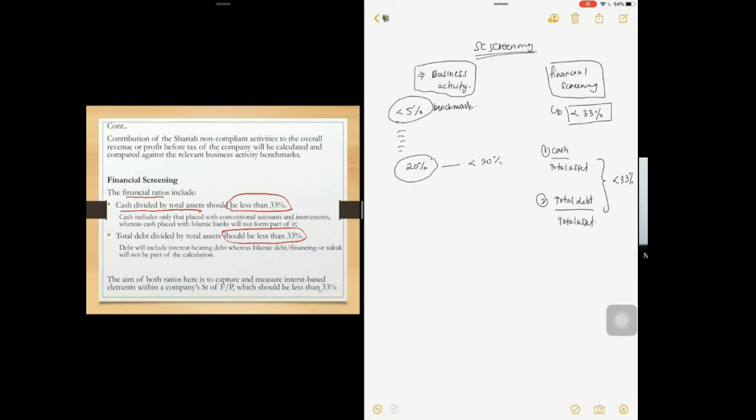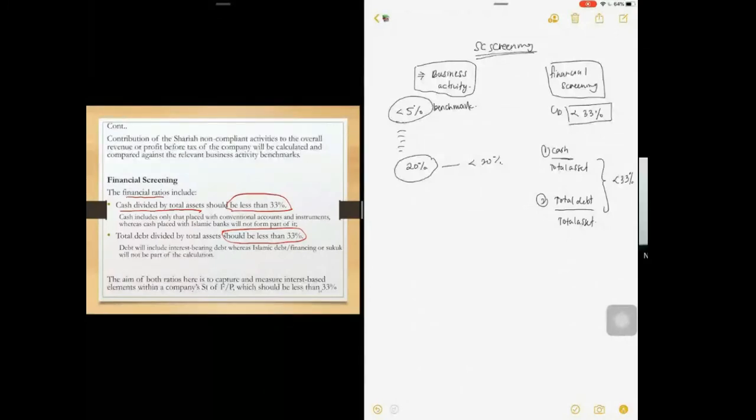Dia cakap lah kenapa cash and total asset ni dikira macam ni. Kenapa kita kena kira cash divided by total asset ni? Sebab dia kata dia nak separate kan the cash yang ada include in conventional account and the cash yang placed in the Islamic bank punya account.